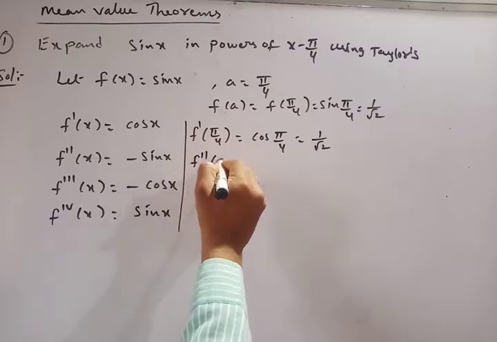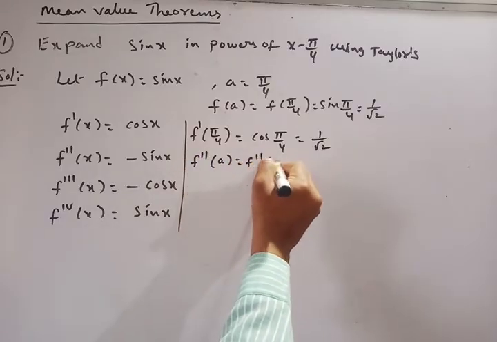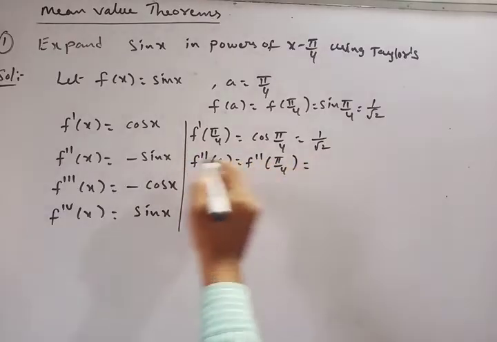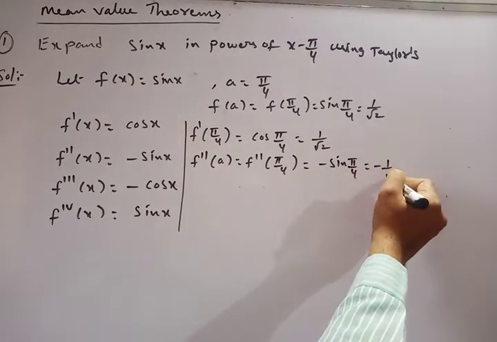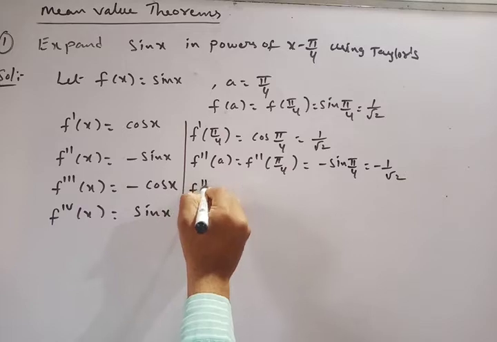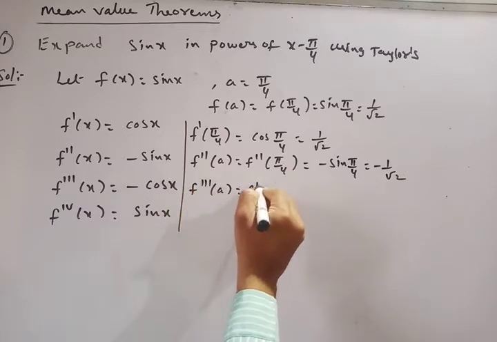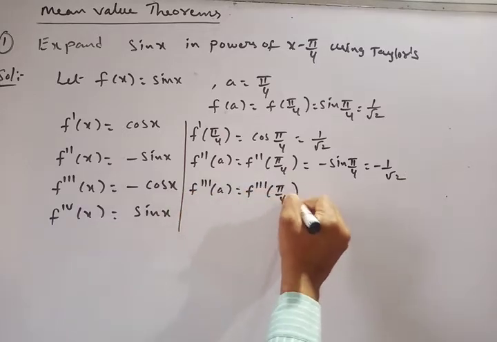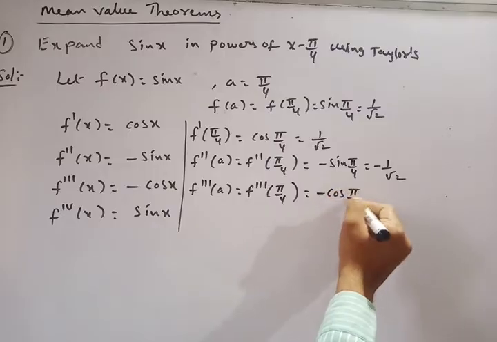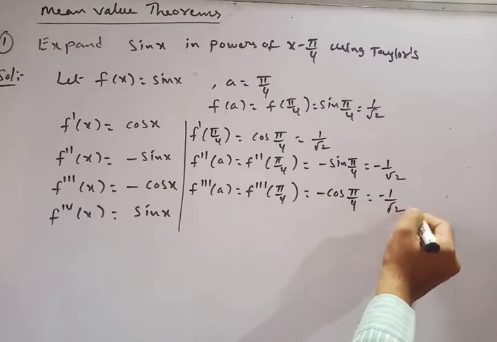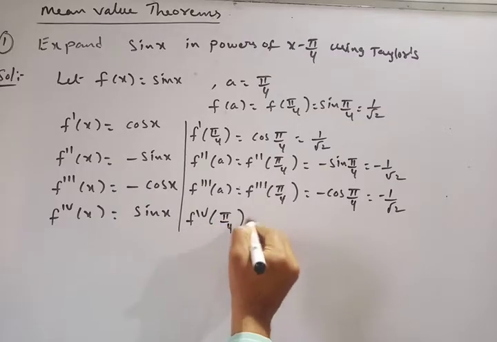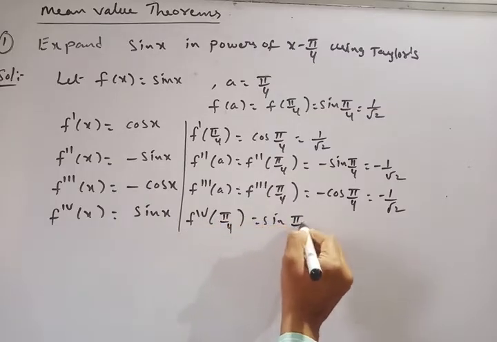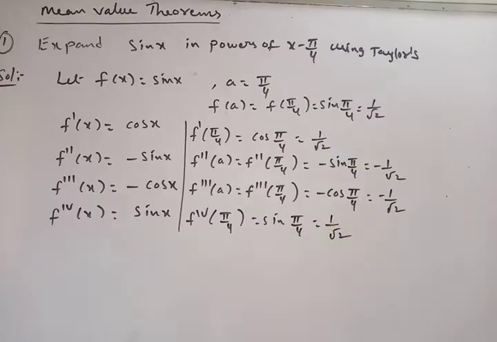Then f double dash of a is minus sin pi by 4, which is minus 1 by root 2. Similarly f triple dash of a is minus cos pi by 4, which gives minus 1 by root 2. Last one, f power 4 of pi by 4 is sin pi by 4, which gives 1 by root 2.